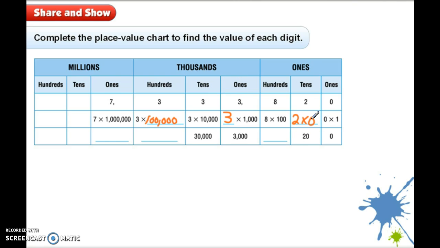Now, what is 7 times 1 million, Emma? 7 million. Be sure you write all the zeros and have your commas in there.